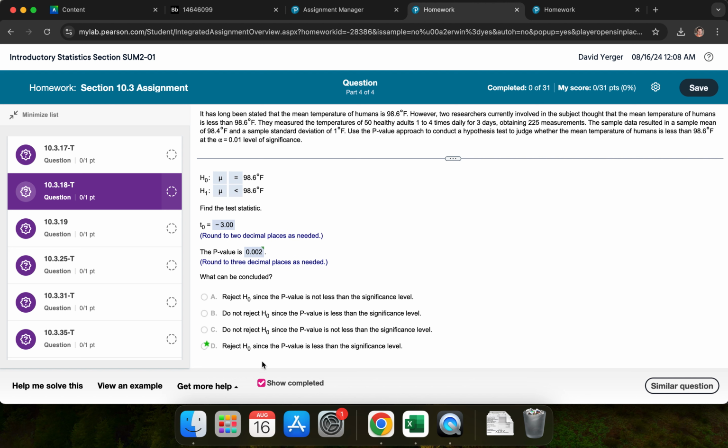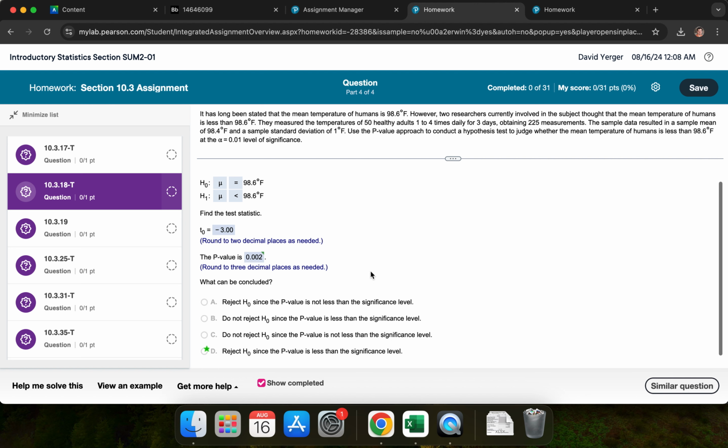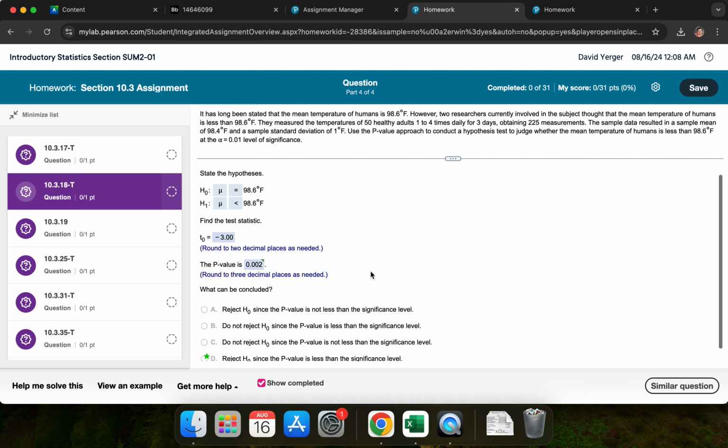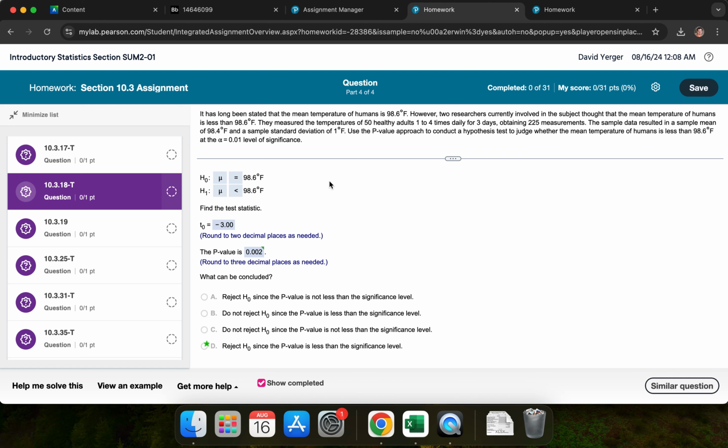Then you have to do conclusions, and there's typically other parts that you want to do as well. In this case, we would say it's showing significant evidence that the previously thought temperature, the 98.6, may not be quite accurate.